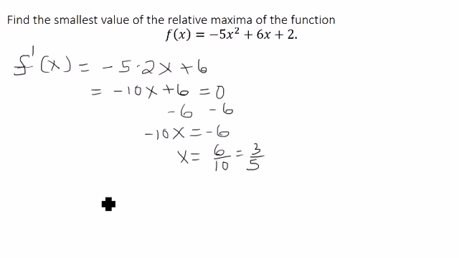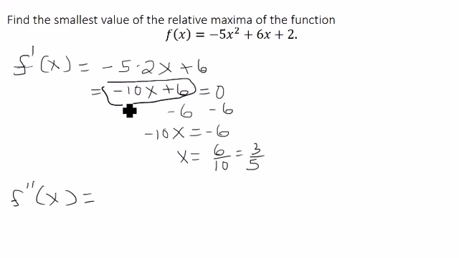Now we're using the second derivative test, so let's find the second derivative, f double prime of x. And that's going to be the derivative of this expression right here. That's going to be negative 10, because the derivative of x is 1 and the derivative of 6 is 0. So we're always going to have a sad face here, regardless of the critical number.